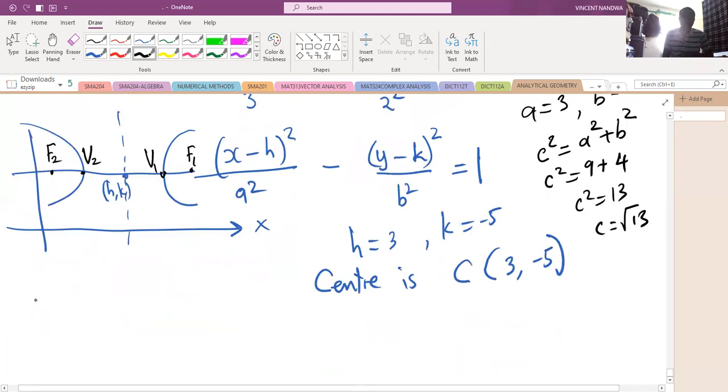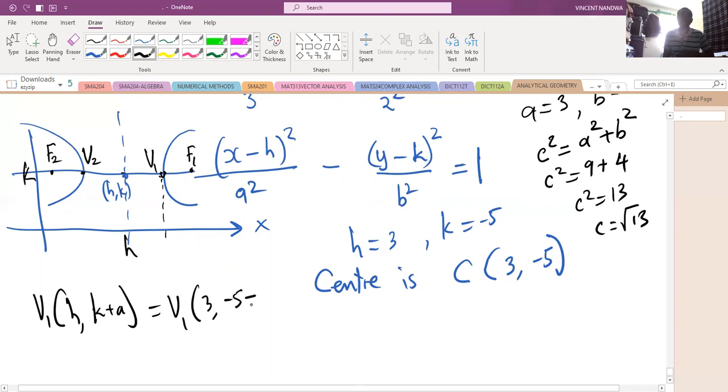So V1 is simply, remember here, this is h, this is k. So these are a units going to the right. So we have h plus a comma k, which will be V1. Our h is 3, k is minus 5, and a is 3.